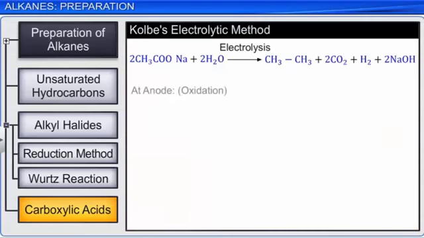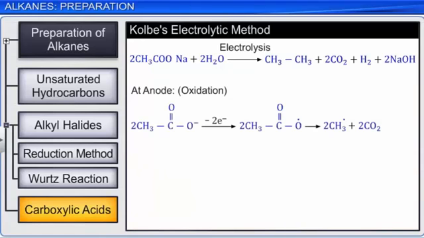At the anode, the acetate ions in the solution lose electrons and form acetate free radicals. The acetate free radicals lose a carbon dioxide molecule and thus form methyl free radicals. The methyl free radicals further react and form ethane gas.